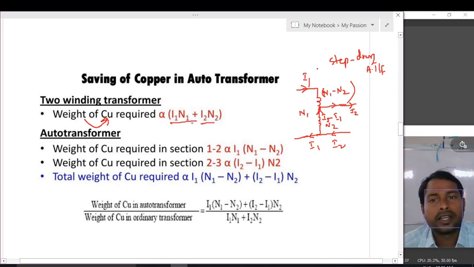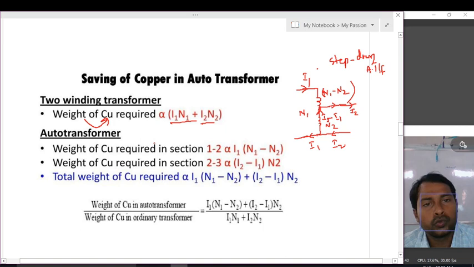Similarly, I am taking the auto transformer copper weight in its two sections. This is one section, points 1, 2, 3. 1 to 2 is one section, 2 to 3 is the other section. The MMF of section 1 to 2 is N into I. The current through the 1 to 2 section is I1 and the turns are N1 minus N2.